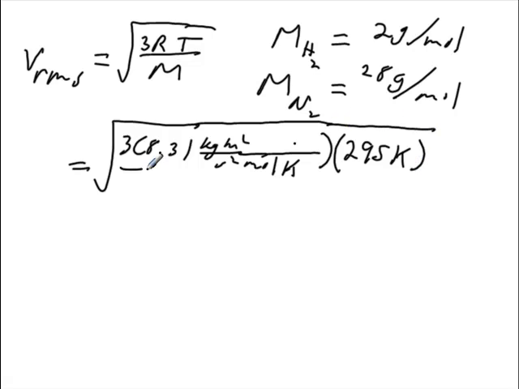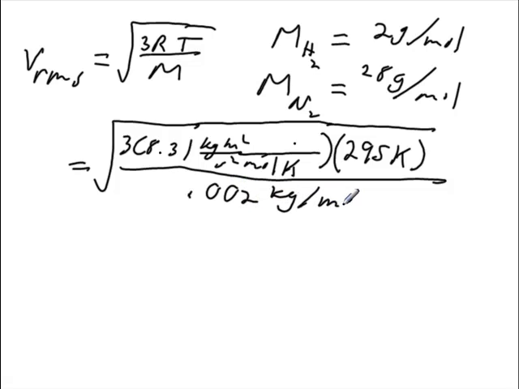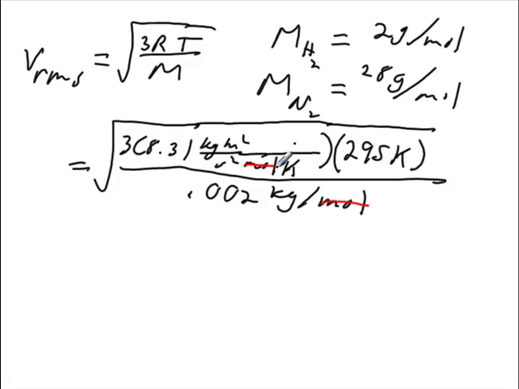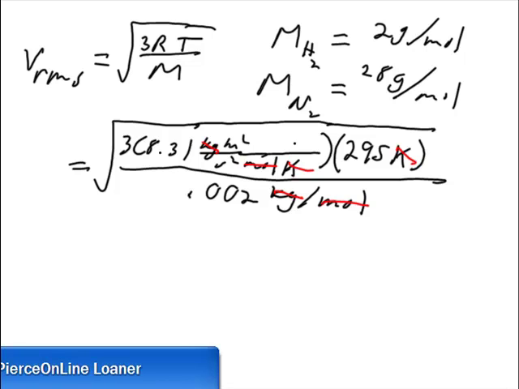And we divide that by a molar mass of 0.002 kilograms per mole. Moles cancel, kelvins cancel, kilograms cancel. I'm going to get meters per second left.